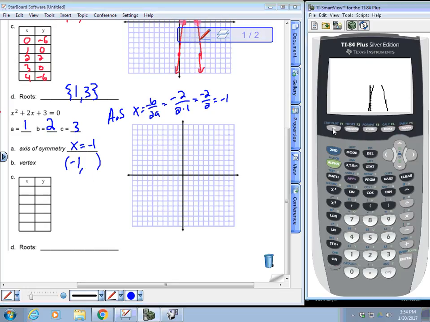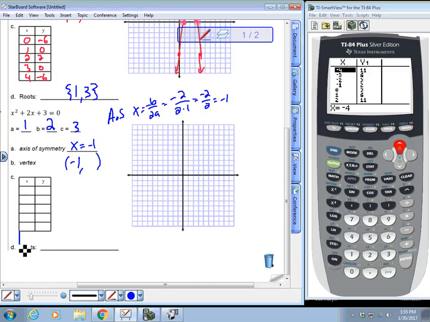I'm going to see the table here, so I'm going to put in the equation, clear out the old. We'll have x squared plus 2x plus 3. Looking at my table, I'm going to center around the -1, so my y values will start to double up around that.